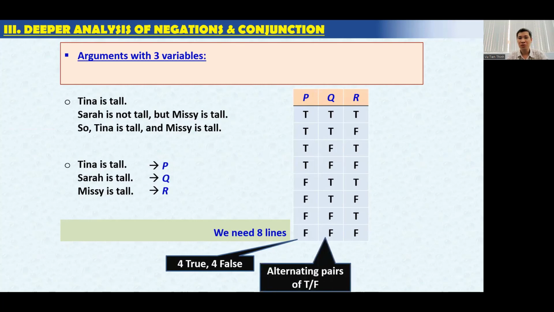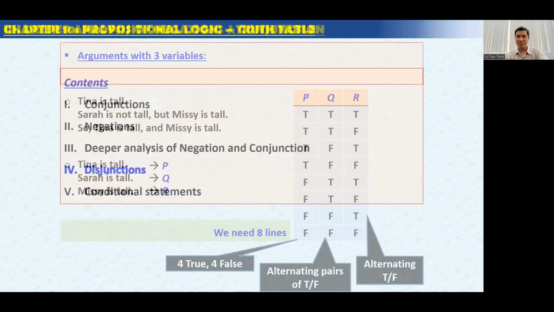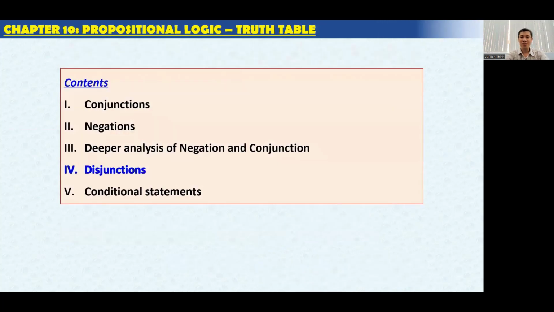Then we have true, true, that's a pair, false, false, that's a pair, then true, true, false, false. And lastly, for the third variable, we have alternating true, false: true, false, true, false, true, false, true, false. It's just the recap, right? So now let's go to the lesson for today.